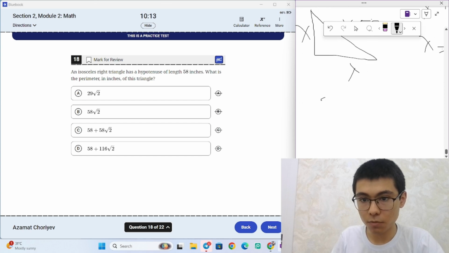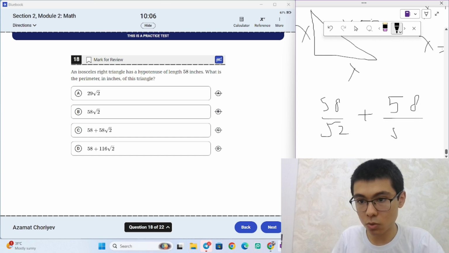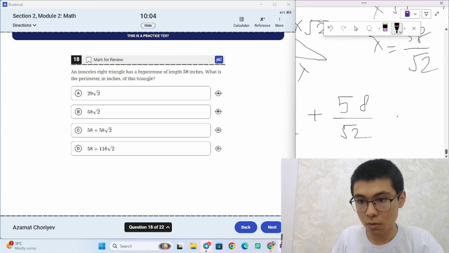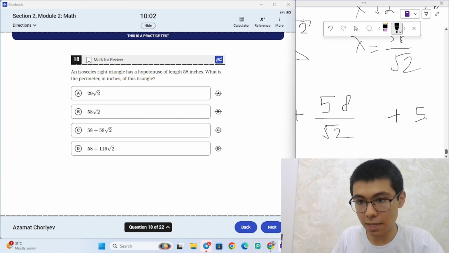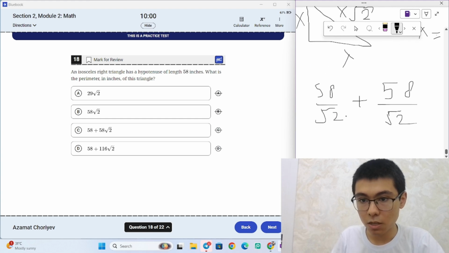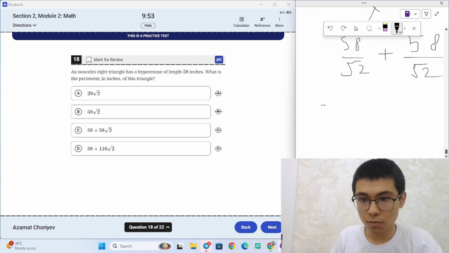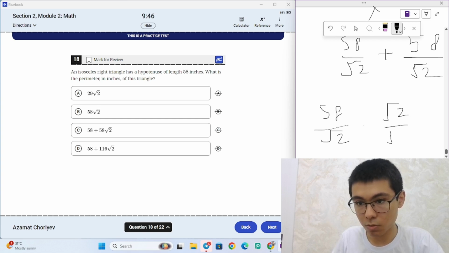So the perimeter is 58 over the square root of 2 plus 58 over the square root of 2 plus 58. From here, what we can do is multiply 58 divided by the square root of 2 by the square root of 2 over the square root of 2, because this is going to be 1, right? So it doesn't matter if we multiply by 1.